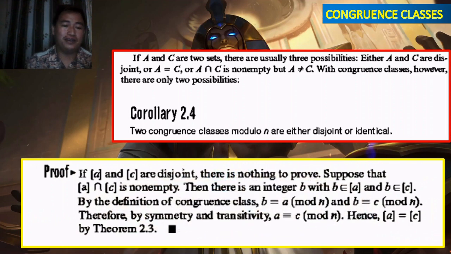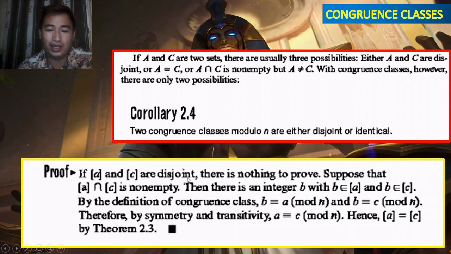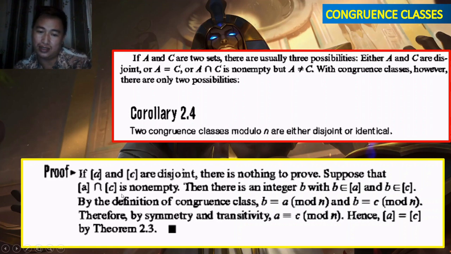Proof. If A and C are disjoint, then there is nothing to prove. Now suppose that A intersection C is non-empty. We need to show that they are identical.